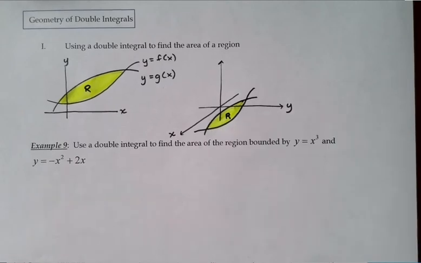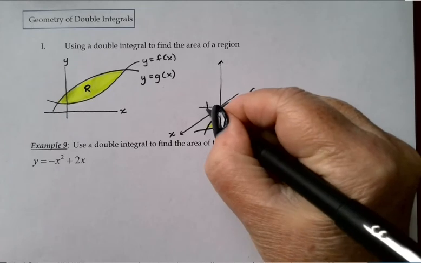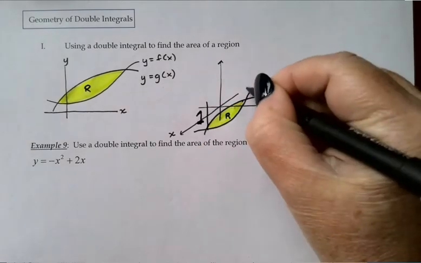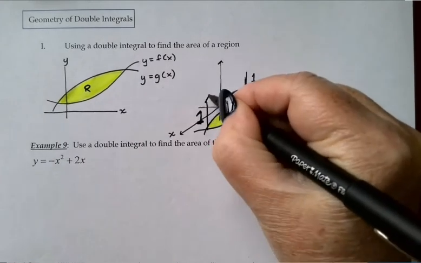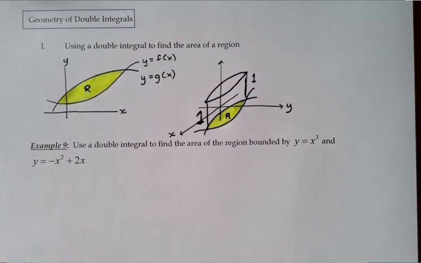If you imagine creating a three-dimensional object, is how I'm going to describe it, that's exactly 1 unit thick, directly on top of that region. So I'm going to imagine that I go up exactly 1 unit, and create that same basic shape up here.